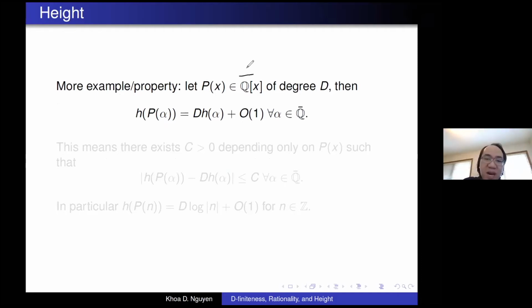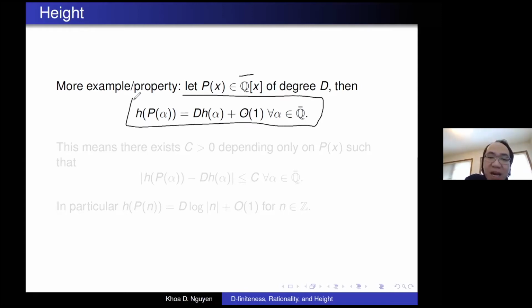Then the height of P(alpha) is going to be d times the height of alpha plus something that you can give an upper bound for that is independent of alpha. The point of this is that it is true for every alpha, so this constant is independent of alpha.